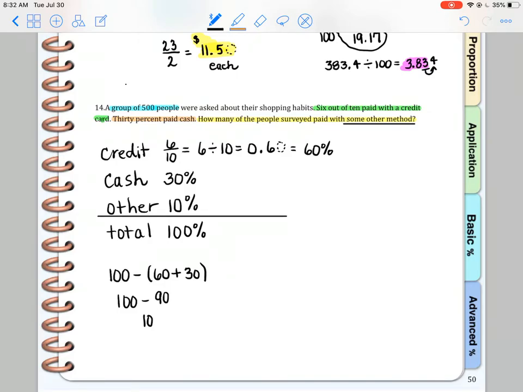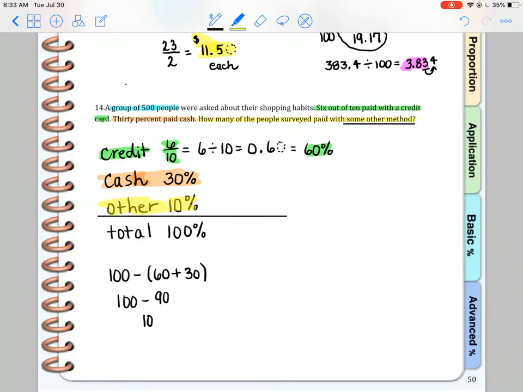So let me highlight for you what I've done here. The 6 out of 10 is credit, and that comes up to 60%. The cash was 30%, according to the problem. And then we had to find the other, and that goes with yellow.